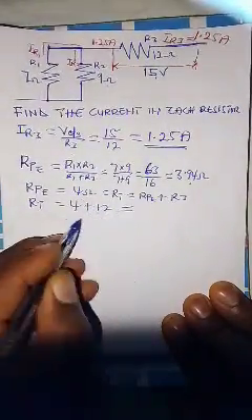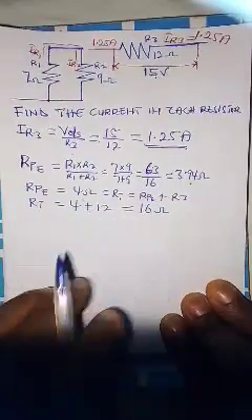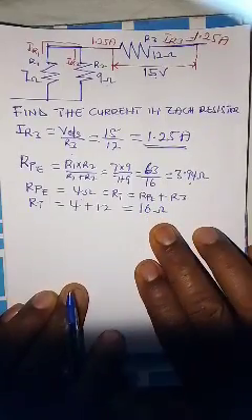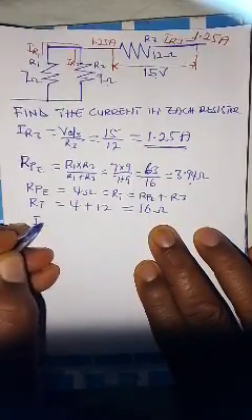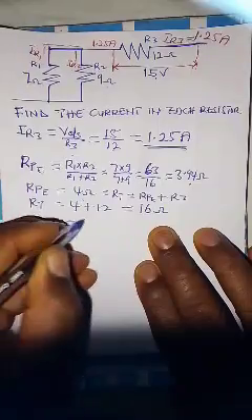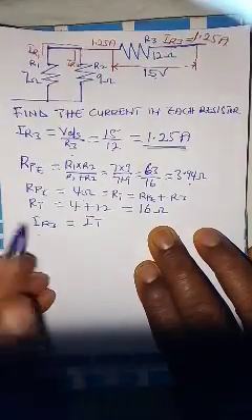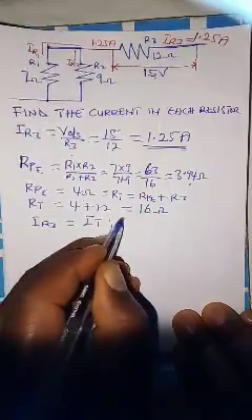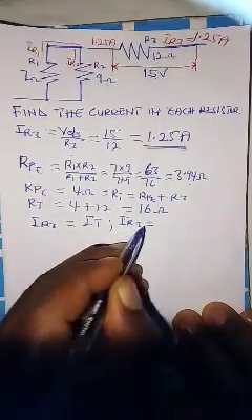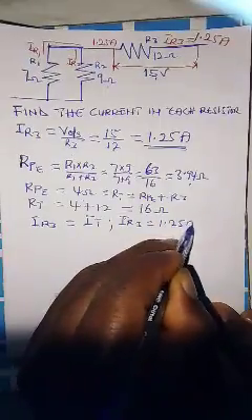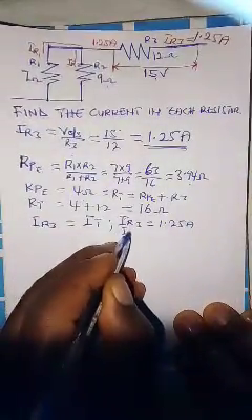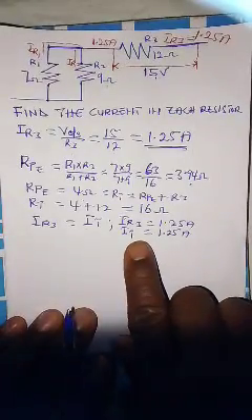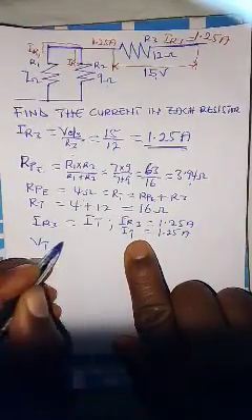So our total resistance is going to give us 16 ohms. Now that we know our total resistance, since the current in R3 is the same as the total current, the current in R3 is the same as the 1.25 amps we have here, which is the total current, 1.25 amps.